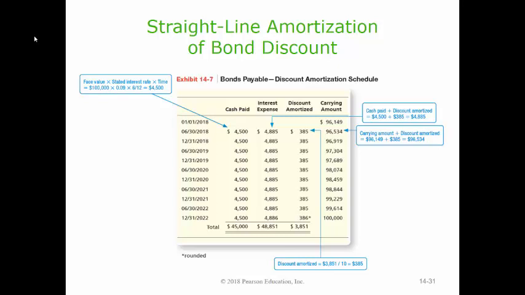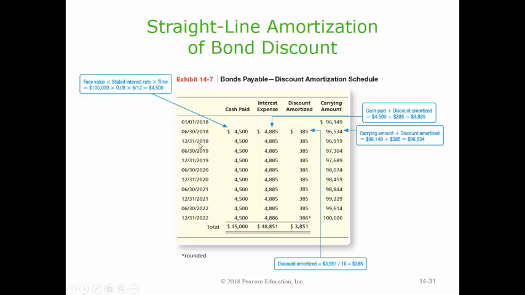Well, to figure out what your new carrying amount is after you've amortized discount, you just take your last known carrying amount and add to it the amount of discount being amortized. So if we had an original carrying amount of $96,149 and we amortized $385 of that discount, it's going to bring our carrying amount up to $96,534.